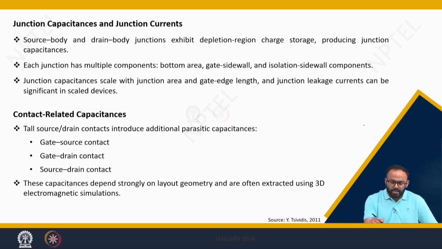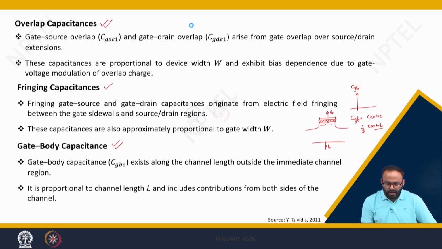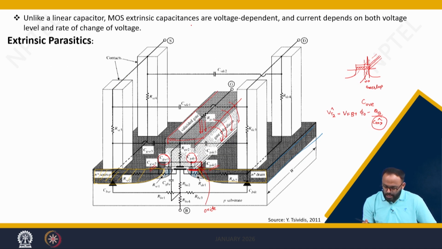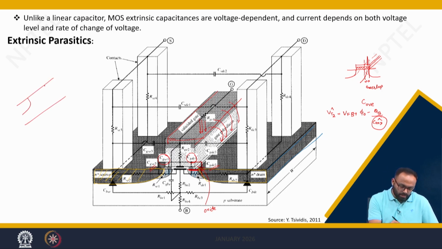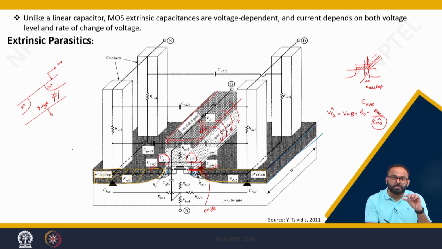Next is junction capacitance. We have discussed these junctions as well. We said that if you have a MOSFET like this, this is N plus, this is N plus, and here there will be a junction because the body is p type. In general, we keep this N plus at a positive voltage and body at either ground or negative voltage, and hence this PN junction becomes reverse biased.